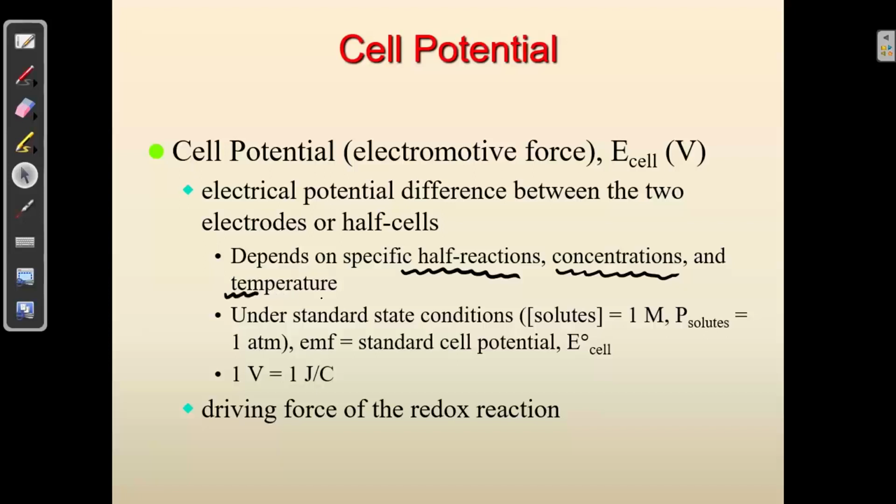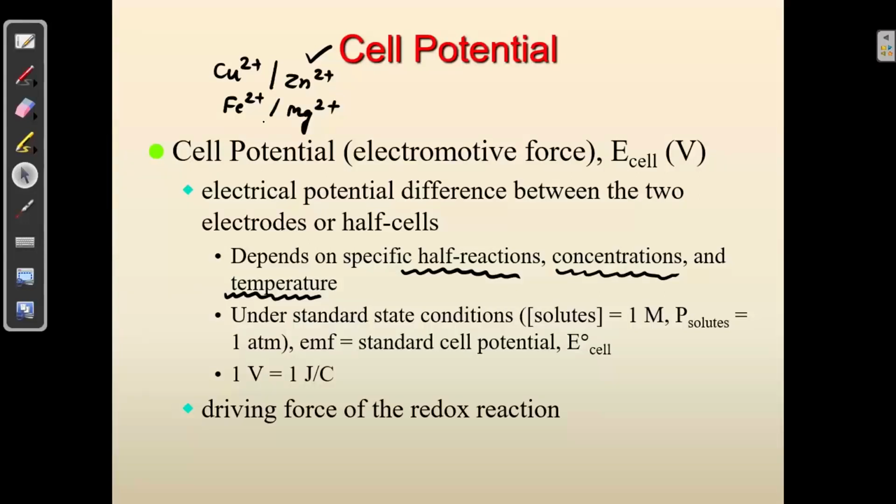It depends on the temperature also. So there are three factors which affect the cell potential. Number one, which cation you are taking: whether you are taking a copper-zinc combination, or an iron and magnesium combination.